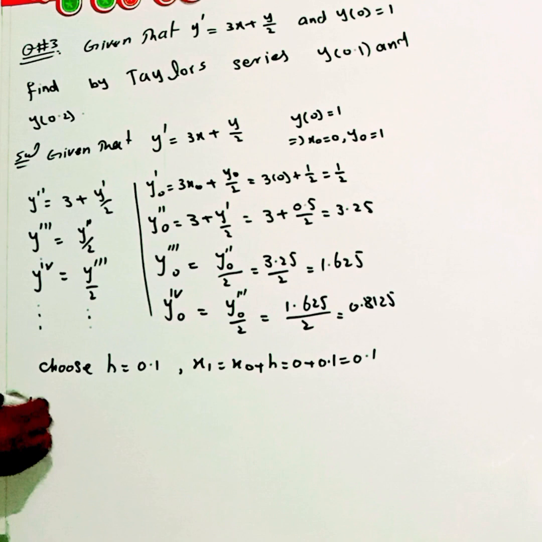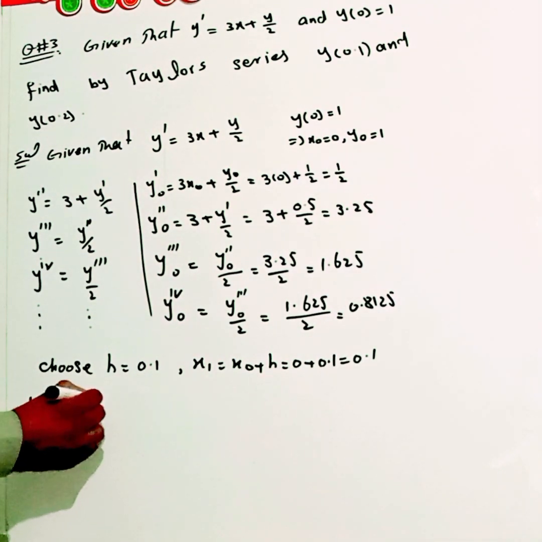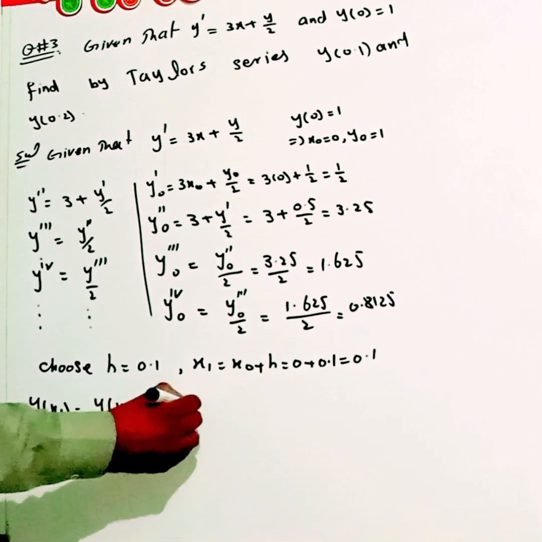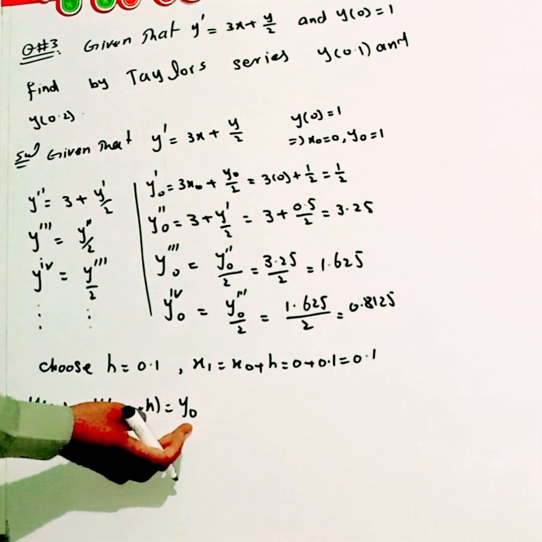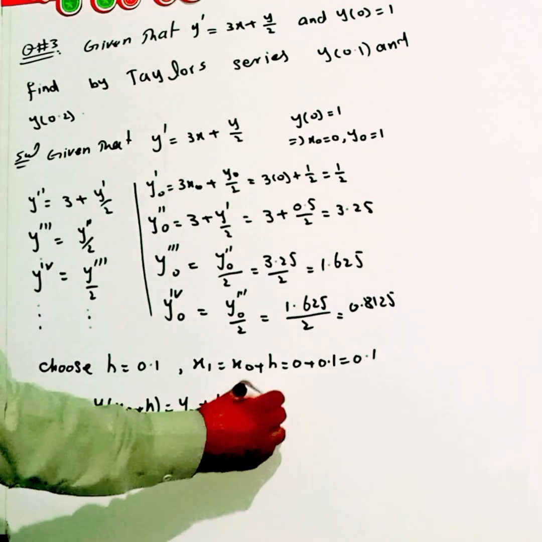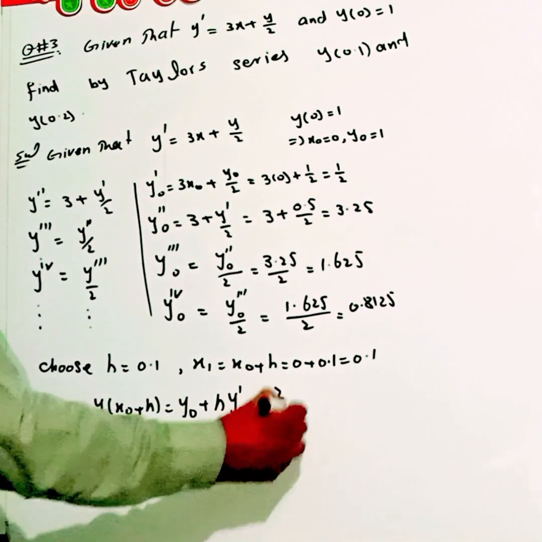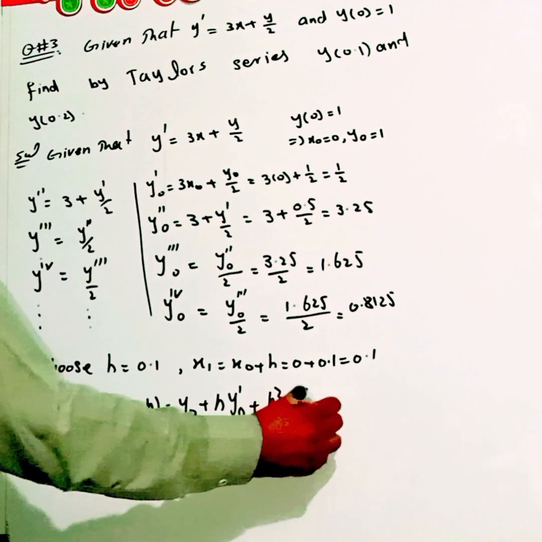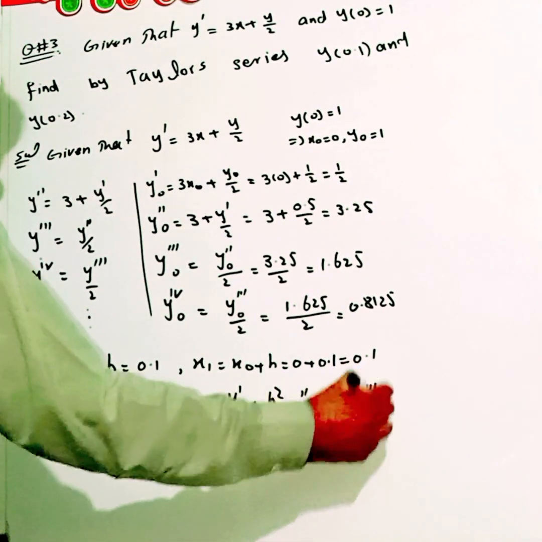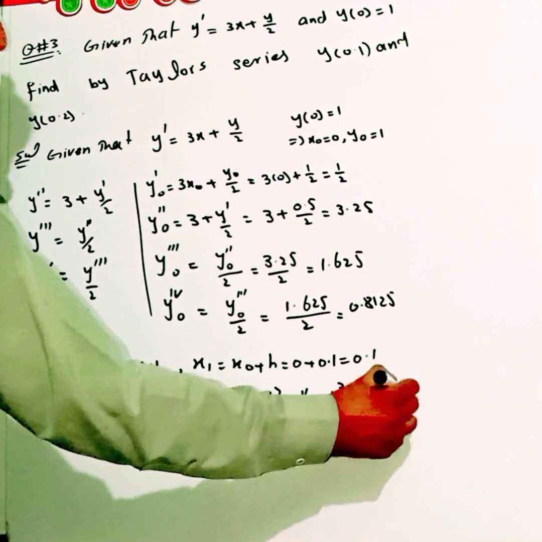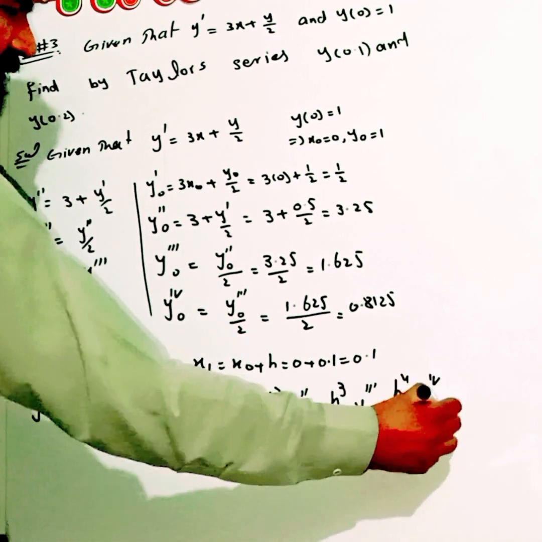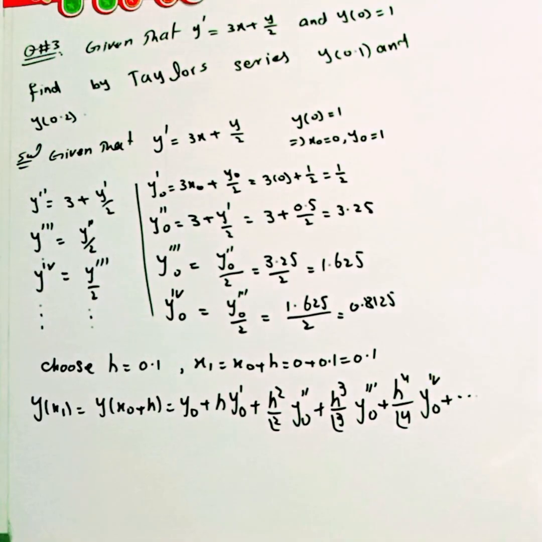By Taylor series, y of x1 is equal to y of x naught plus h, it means y of x naught plus h y prime naught plus h square over 2 factorial y double prime naught plus h raised to power 3 over 3 factorial y triple prime naught plus h raised to power 4 over 4 factorial y fourth derivative naught plus so on.